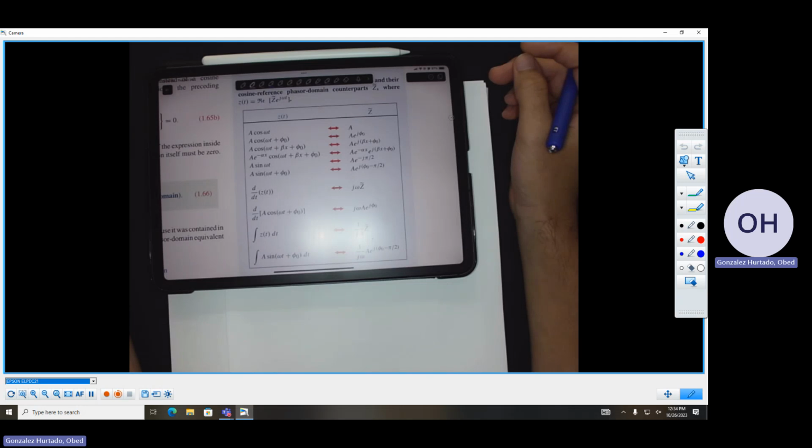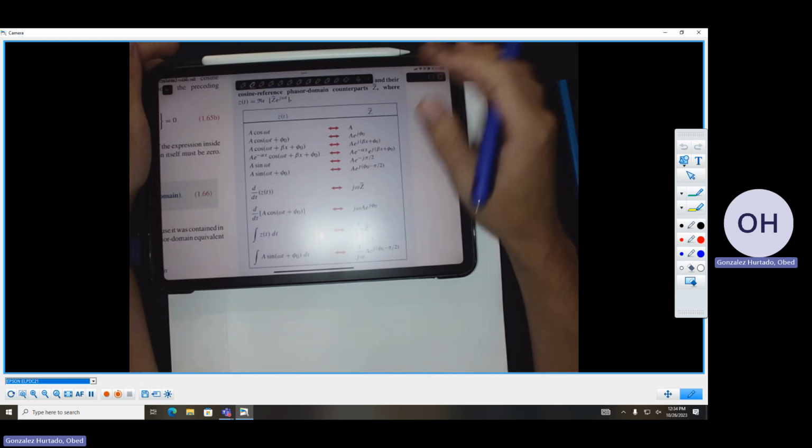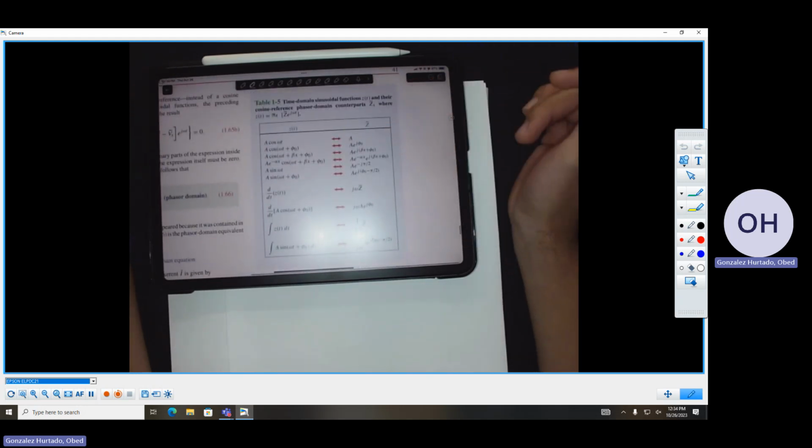For what table is that? Table 1-5. Yeah, we need that in our assignment. It's especially since we're dealing with waves now, and especially waves dealing in the complex plane and then going back into time.